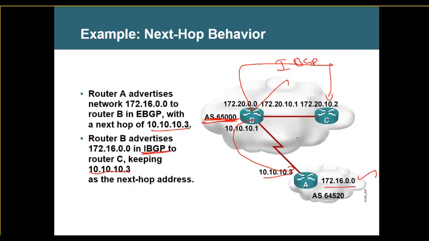Meaning when router C learns 172.16.0.0, even though router B is giving this, usually if router B gives it, 172.20.10.1 would be the next hop. But in BGP, that's not the case. In BGP, the next hop for this will be 10.10.10.3.